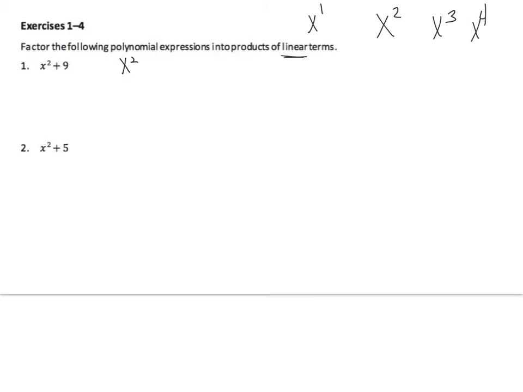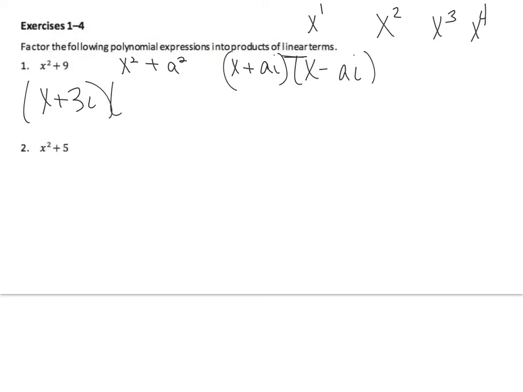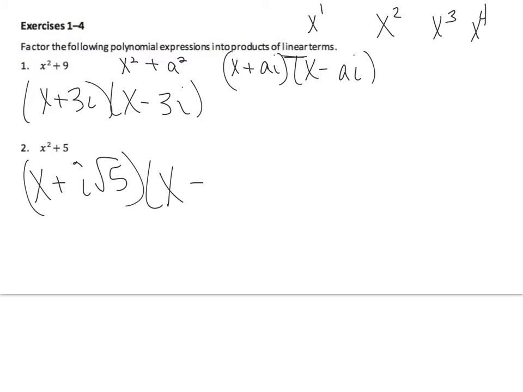If we have x squared plus a squared, it is x plus ai, x minus ai, so we can easily factor this into x plus 3i, x minus 3i, right? Same here, x plus i square roots of 5 and x minus i square roots of 5.